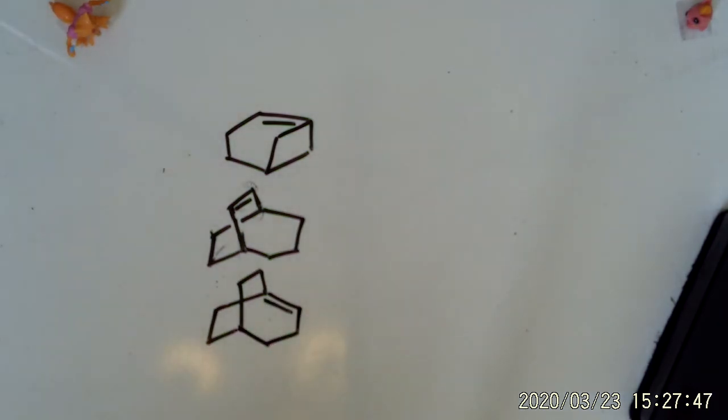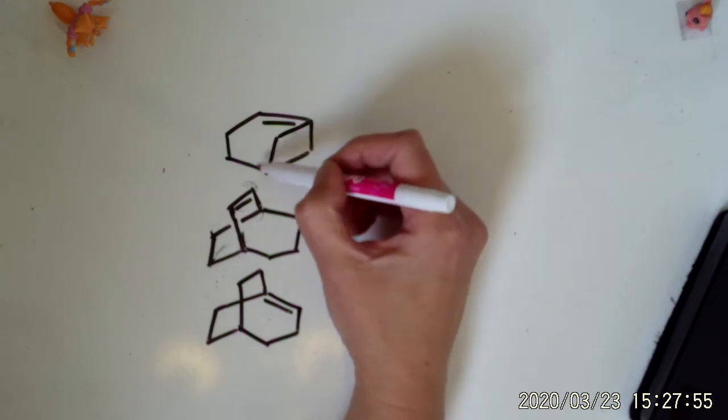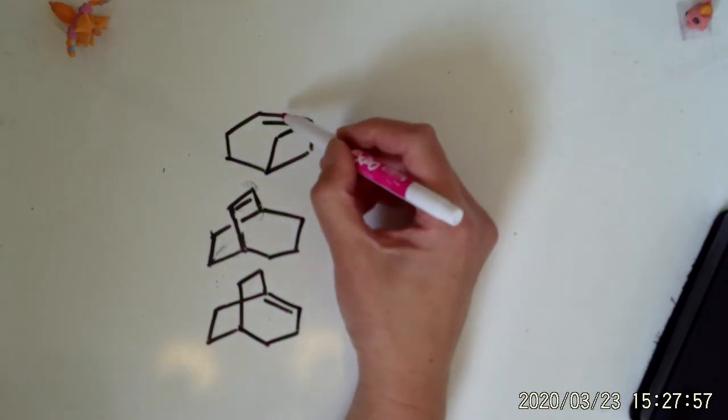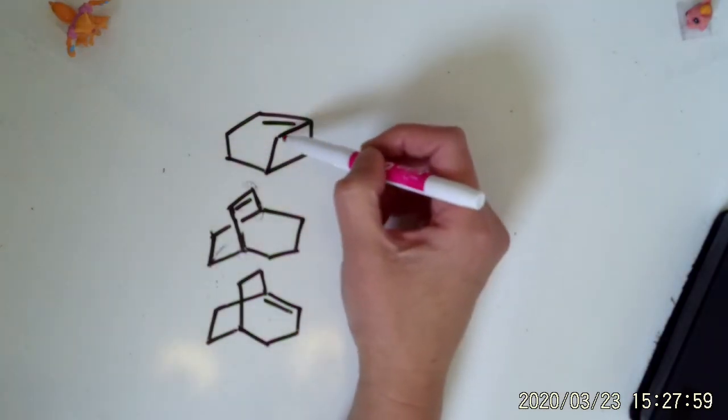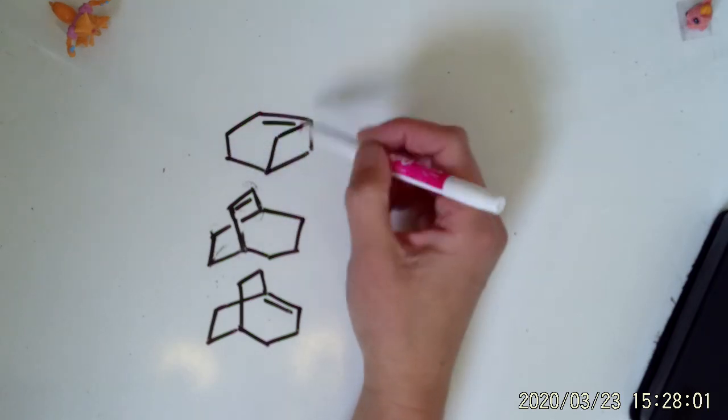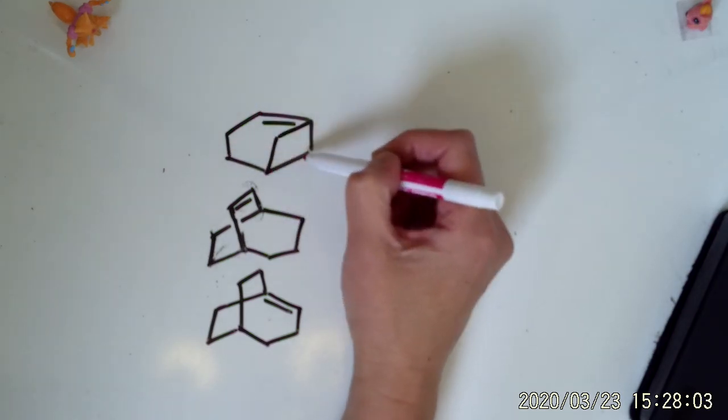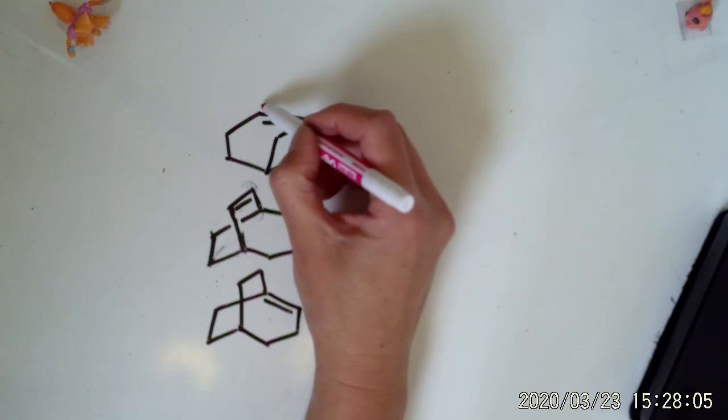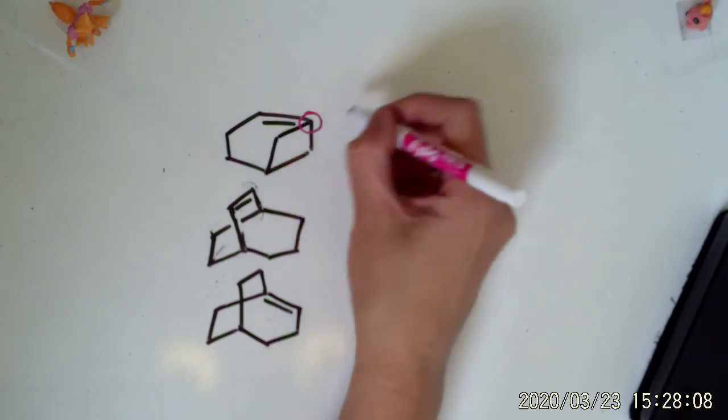All right. So of these structures, which ones are stable? So if you look at this one, 1, 2, 3, 4, 5, 6. 6-membered ring. 1, 2, 3, 4, 5, 6. 6-membered ring. 1, 2, 3, 4-membered ring. This double bond is at the bridgehead carbon.